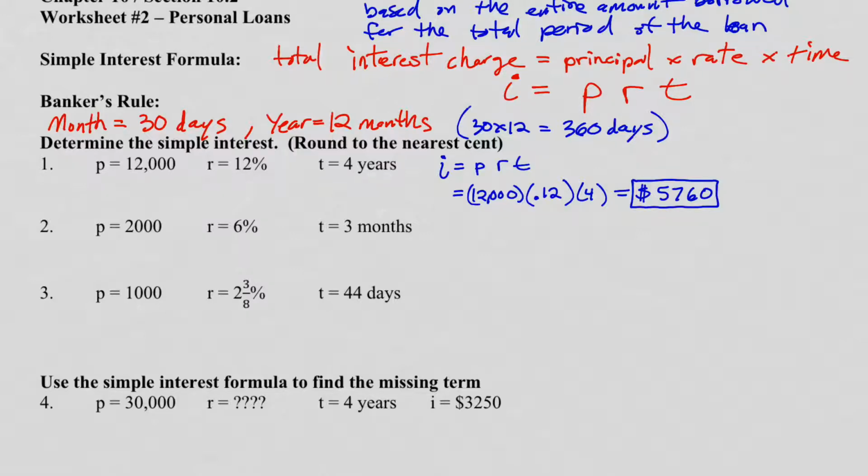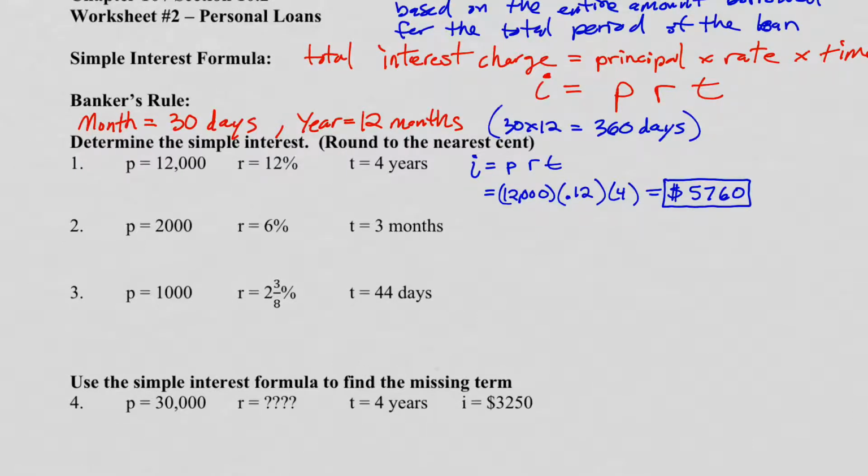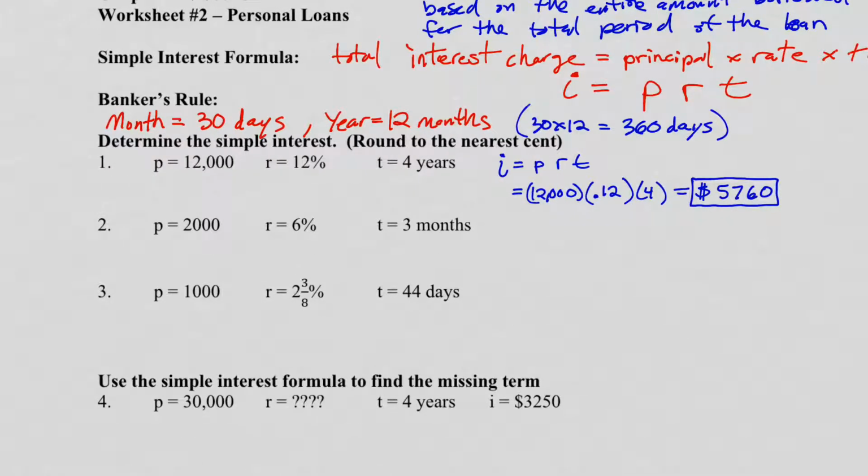Now, let's take a look at another one here. This one's slightly different because we have 3 months. Okay, so again, this is going to be 0.2. This is going to be 0.06, not 0.60. And so we have 3 months.